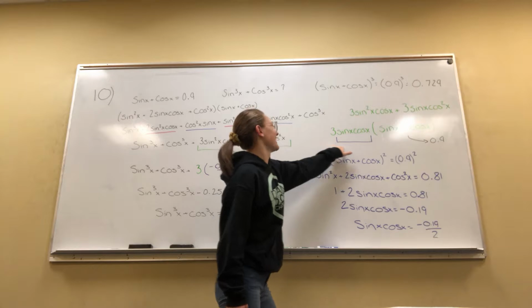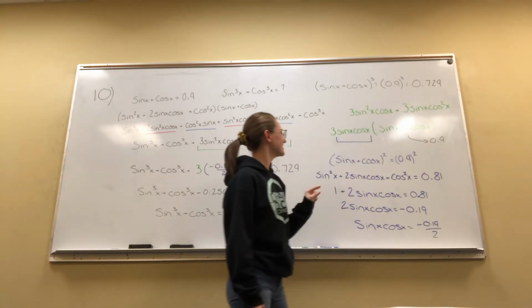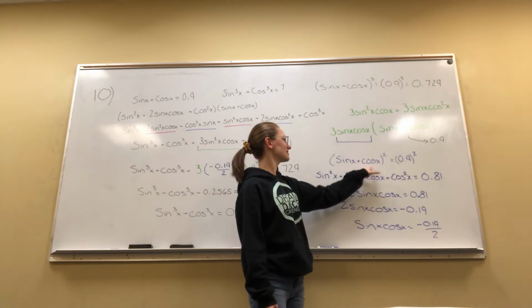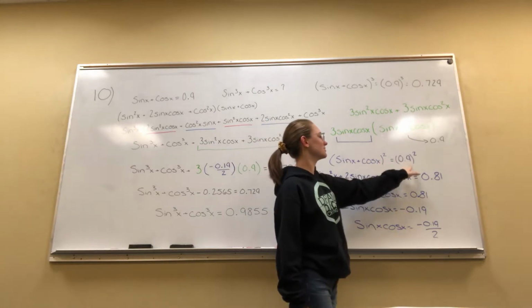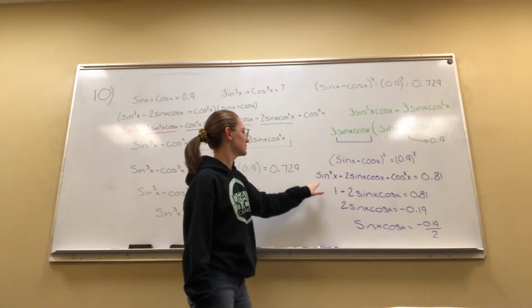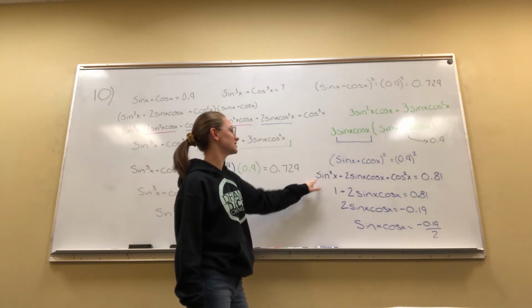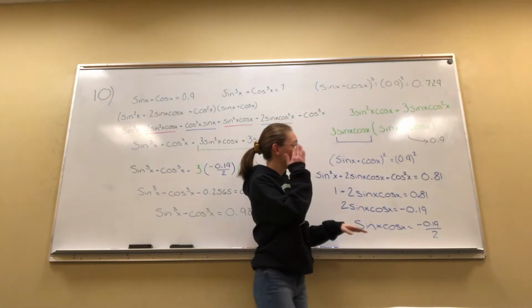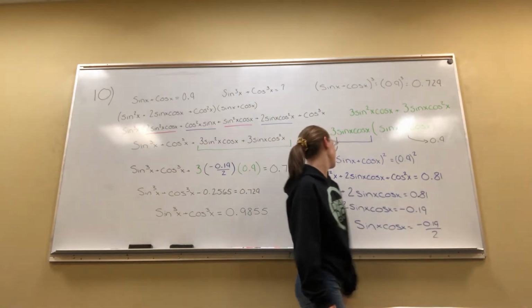So then we're going to have to try and find what sine x cosine x equals, which we just took sine x plus cosine x over here and we squared it, which means we're squaring 0.9. And when you square this, you get sine squared x plus 2 sine x cosine x plus cosine squared x equals 0.81.